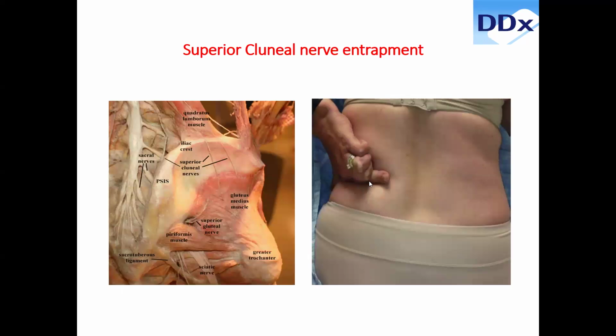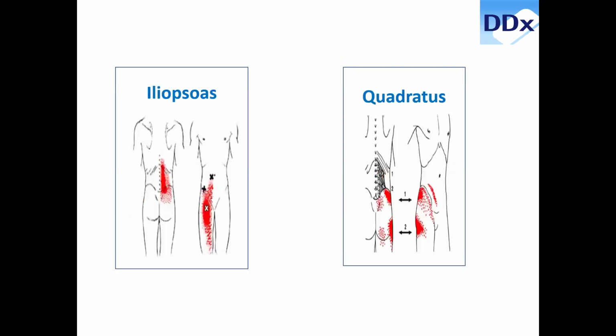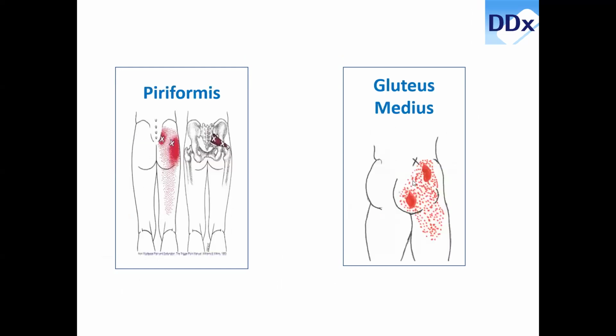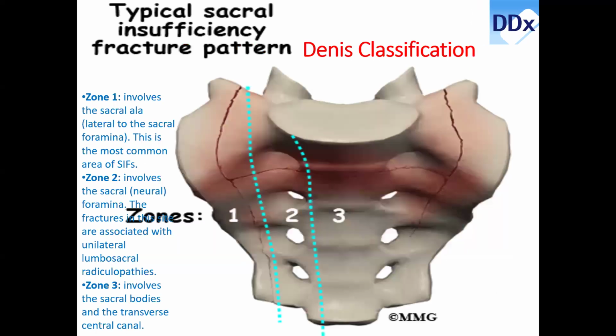Patients usually complain about pain above the iliac crest here. Iliopsoas muscle spasm or quadratus muscle spasm could cause a similar pain to a sacroiliac pain. Piriformis, gluteus medius, and then sacral fracture.